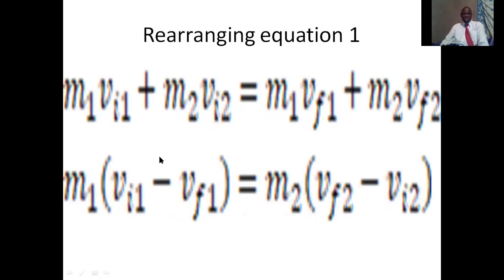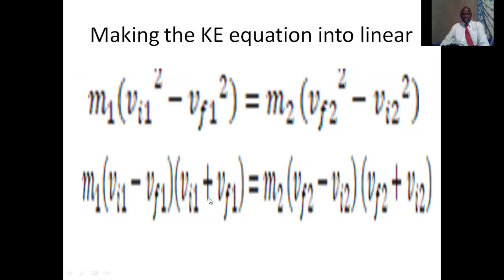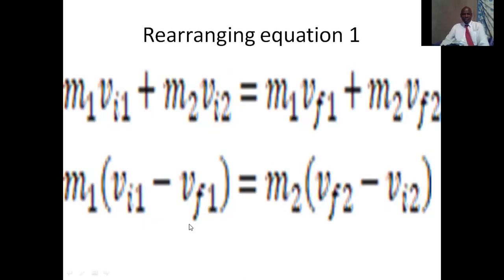So you can rearrange them like that. In this same equation, this mass 1, we can bring here and factor out mass 1. Similarly, this one here, you can bring this side and factor out mass 2. And you note that what you have factored here is similar to one of these here. You've seen this one here is the same as this one here.